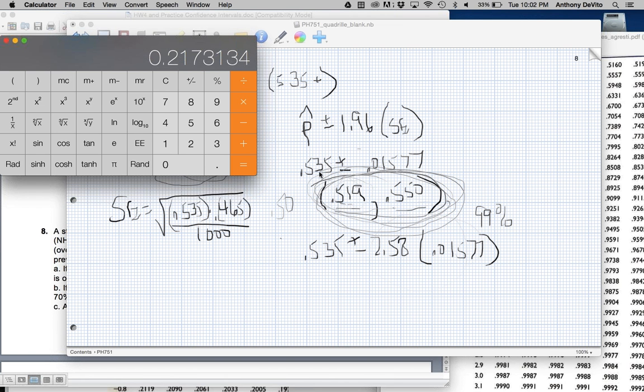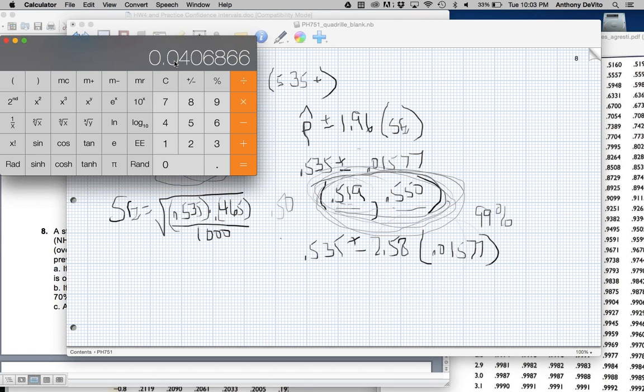Well, if I subtract 0.22 from, something's wrong there. Let me go back on this. 2.58 times 0.01577 comes out to be 0.04, right?